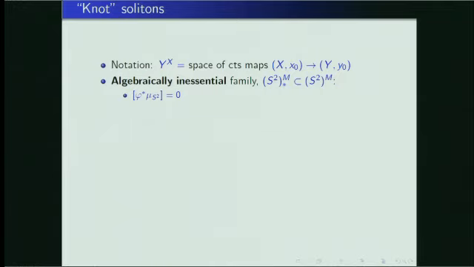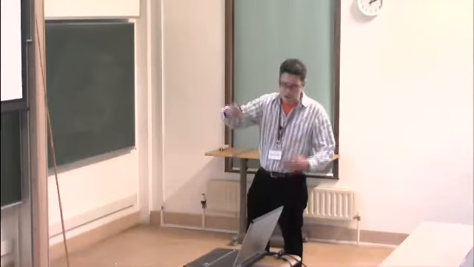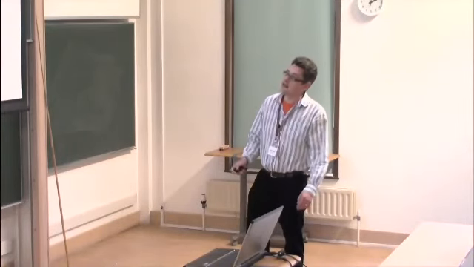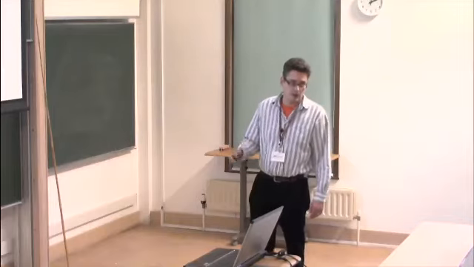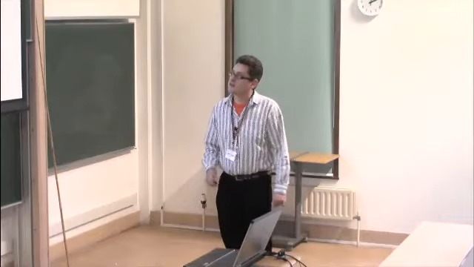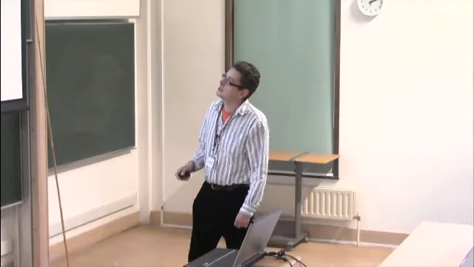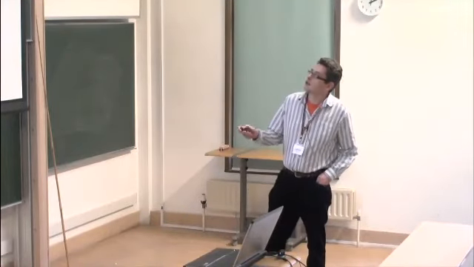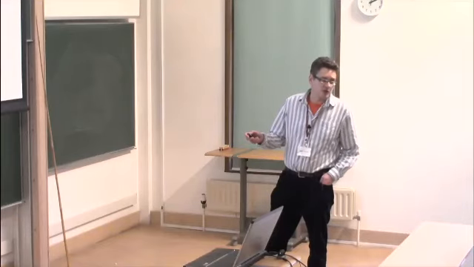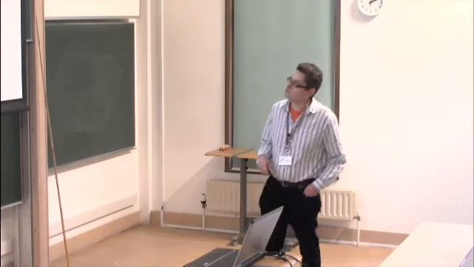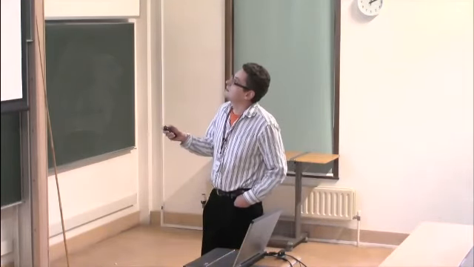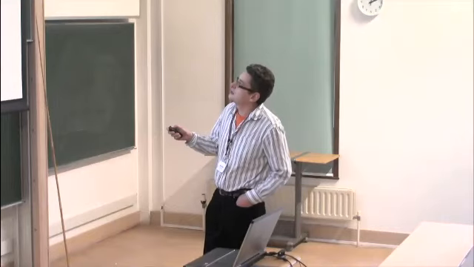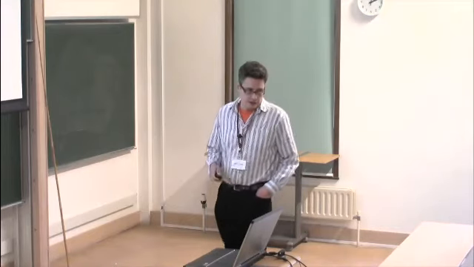As I said, this has disjoint components, and the components fall into families labelled by this thing alpha, the pullback of the generator of the second cohomology of S2. Right. So there's one particular family which is nice and physically meaningful, and that I want to think about pretty much exclusively, and that's called the algebraically inessential family. These are the ones where the pullback of the generator of the second cohomology is trivial. So this is one family of classes sitting inside this set of classes.